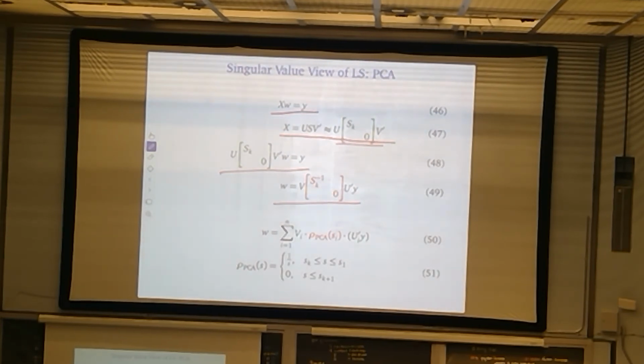I get this. So if I do it in the PCA fashion, the weight matrix essentially, if S is smaller than the kth eigenvalue, anything from k plus 1 and beyond, it's going to be 0 because it's all zeroed out. Otherwise, it's going to be 1 over S.